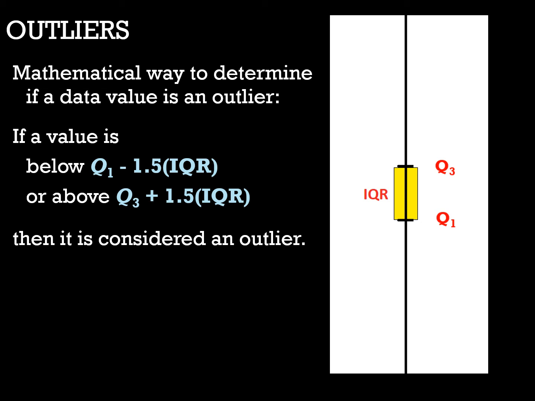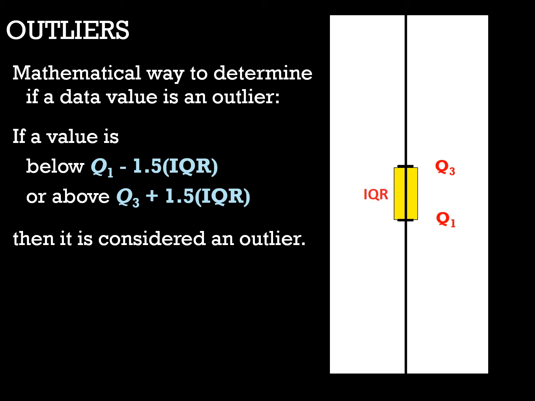What we do, take a look, this is kind of like a part of the box plot. Over on the right, it's like part of a box plot, but it doesn't have everything in there, but it has Q1 and Q3. And remember, IQR is the distance between them. So Q3 minus Q1 is IQR.